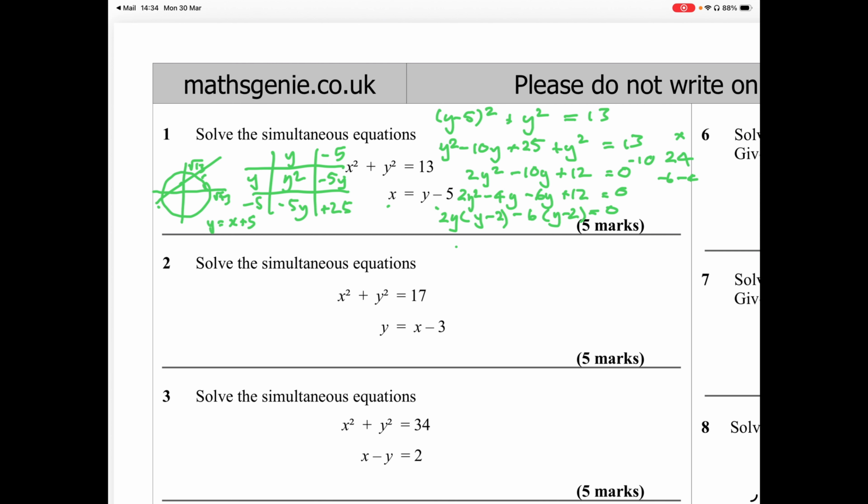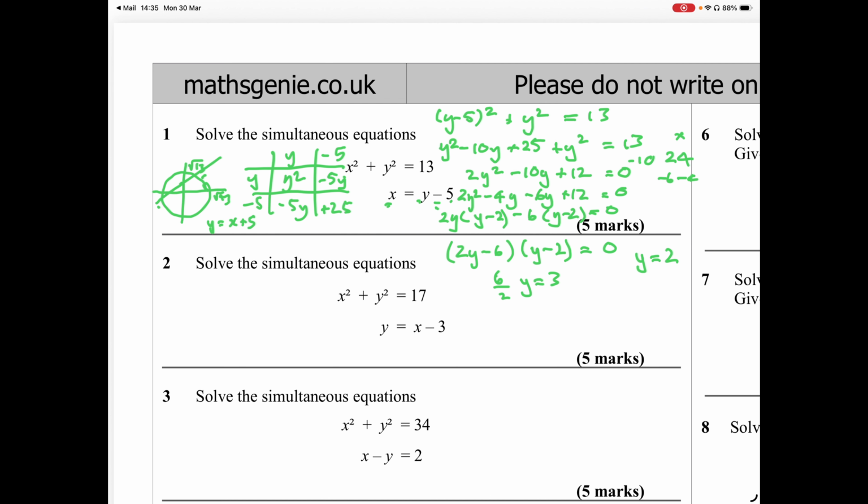That would mean 2y minus 6, which could be y minus 3 to be honest, and y minus 2 equals 0. So if y minus 2 equals 0, y equals 2. And if 2y minus 6 equals 0, then y equals 6 over 2, so y equals 3. Now, you just need to put this back into there.